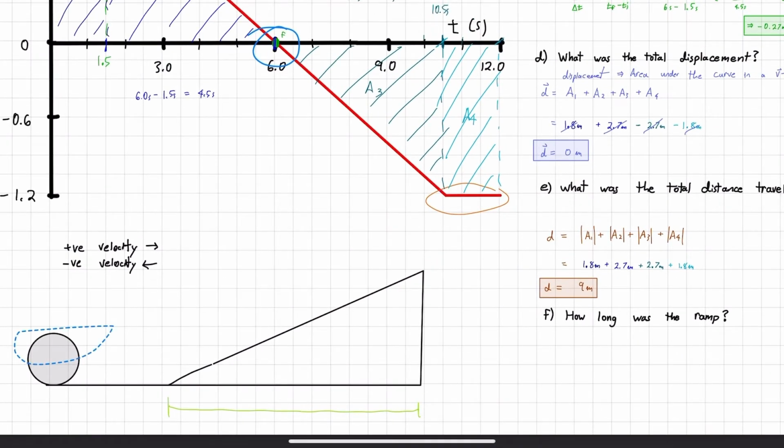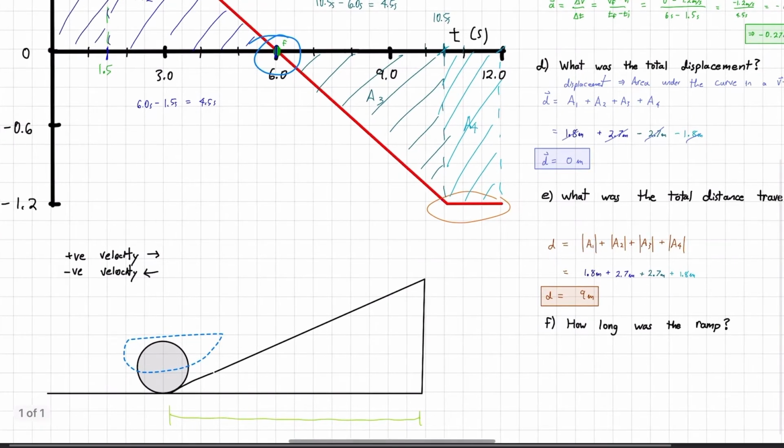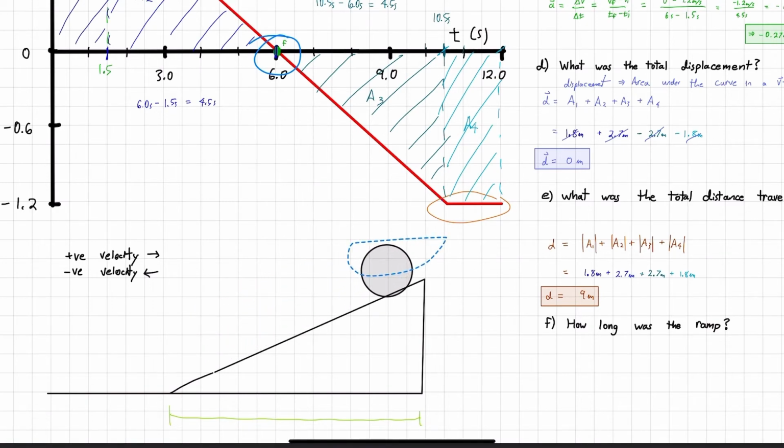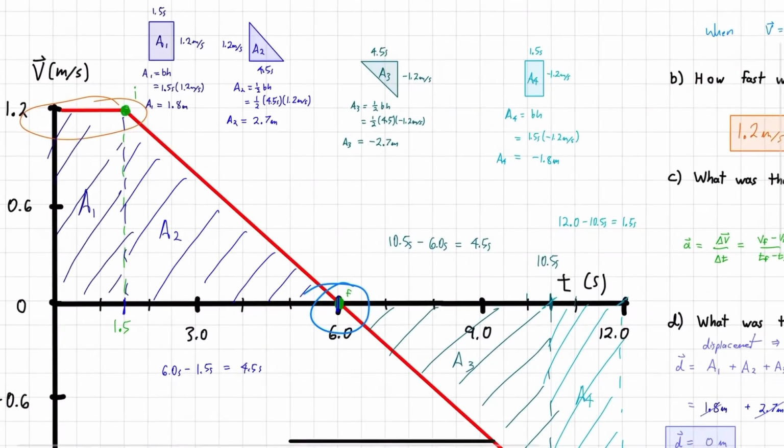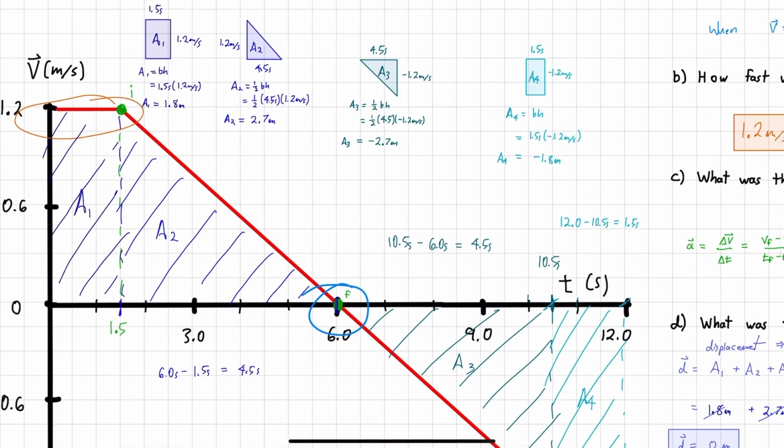So if we can find out from the time the ball hits the ramp until the time that the ball's velocity reaches 0 and it's at the top of the ramp, how much distance was traveled? And the answer to that is looking at some of our areas. If we look at the area A2, what does that show us?